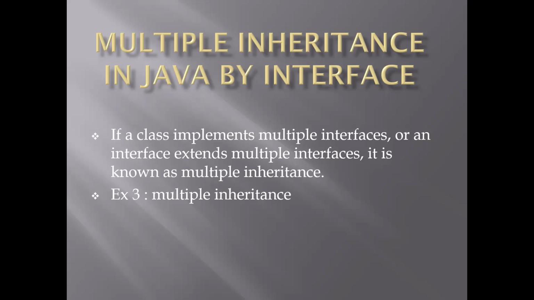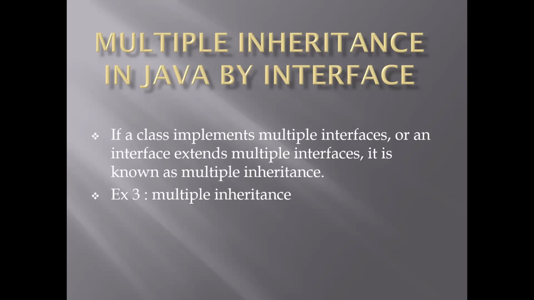So if two interfaces have the same methods, for example, one method with the same name shared among two or three interfaces, and the class implements all these interfaces, what will happen? No problem, because all these interfaces have no implementation for this method. So there is no conflict here. That's why multiple inheritance is allowed only for interfaces as a special case. You understand?